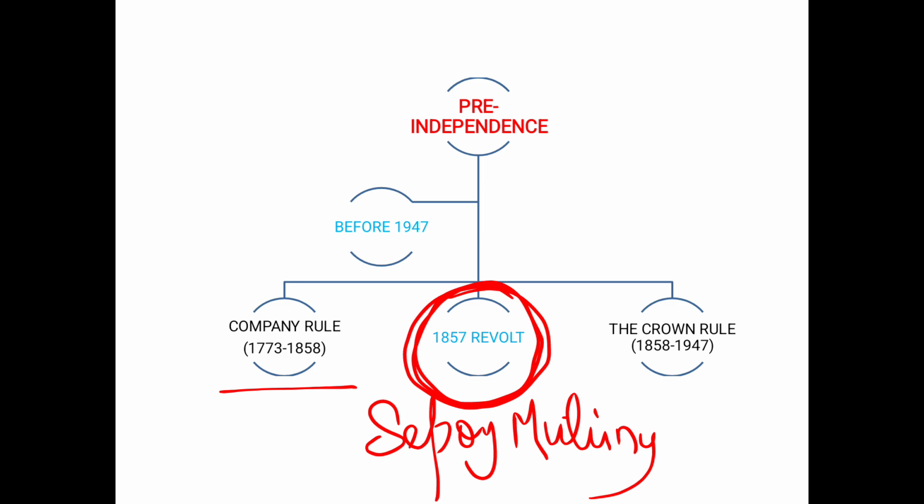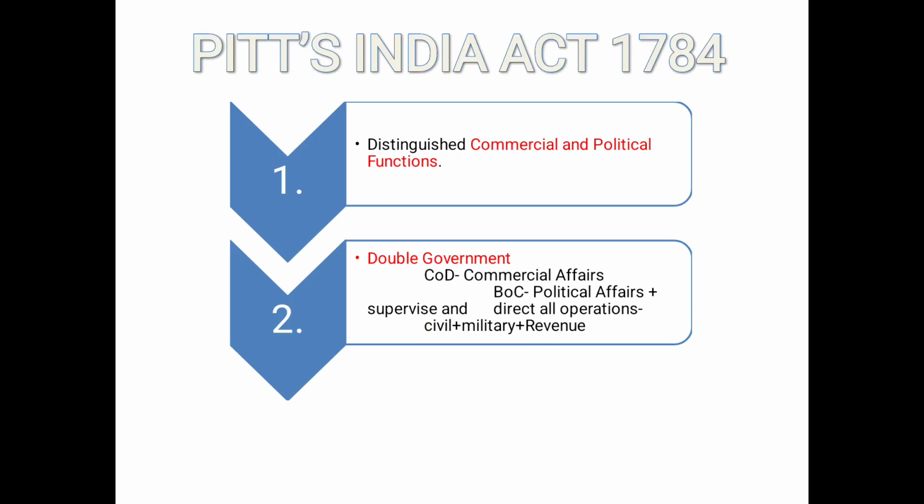So, taking the Sepoy Mutiny into consideration, we have divided 1773 to 1858 as the company rule, where the East India Company ruled, whereas 1858 to 1947, till independence, was ruled by the British Crown.